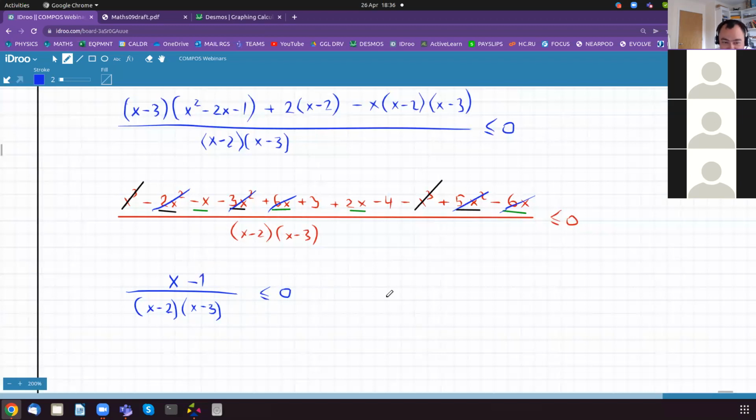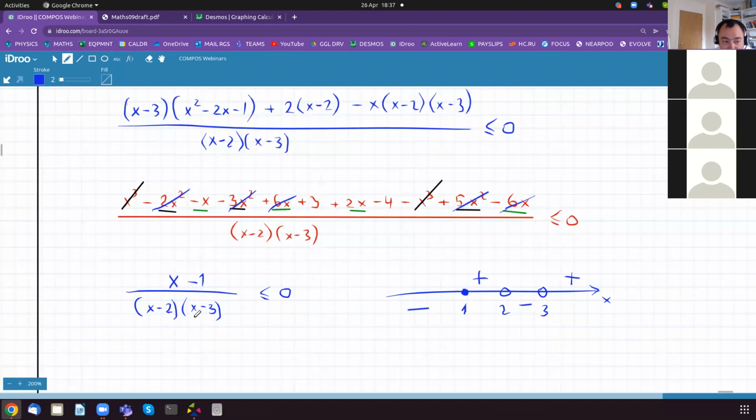And then I find the critical points. 1 is a solid point. Minus 2, 1, 2, and 3. 2 and 3. And check any number which is greater than 3. So let's say 10 or 1,000,000. 1,000,000 minus 1, it's going to be positive. So positive, negative, positive, negative.